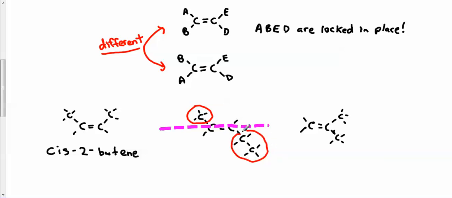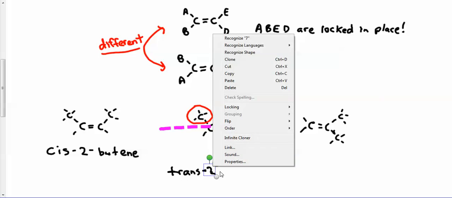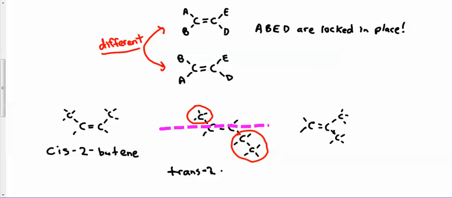In this case, the two big groups are on opposite sides of this dividing line down the middle. So this one is a trans. This is trans. And the double bond is off of number 2. Trans-2-pentene.